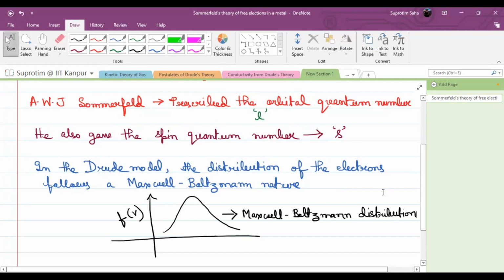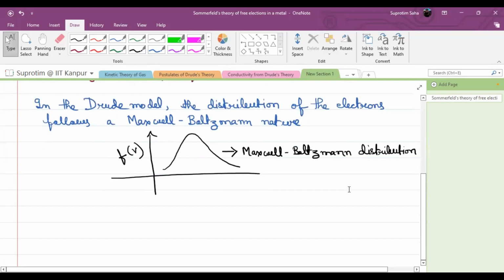Now we know that electrons don't behave in that manner.